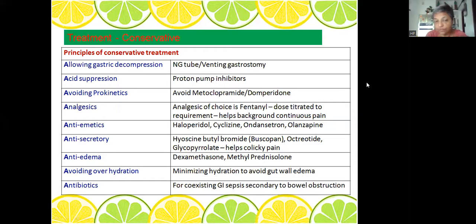Otherwise, the gut wall edema will be there. And of course, antibiotics, if we suspect the patient is having any GI sepsis secondary to bowel obstruction. So these are some conservative treatments that can be done.